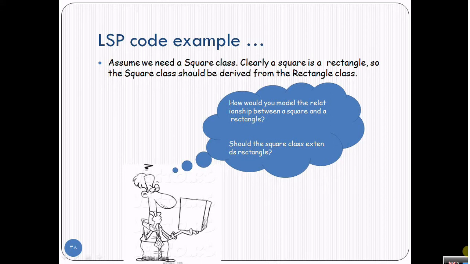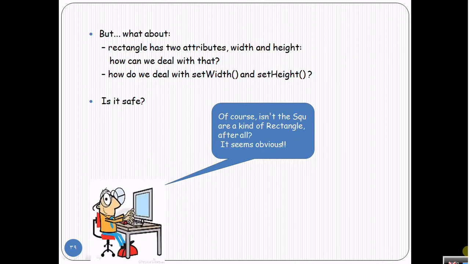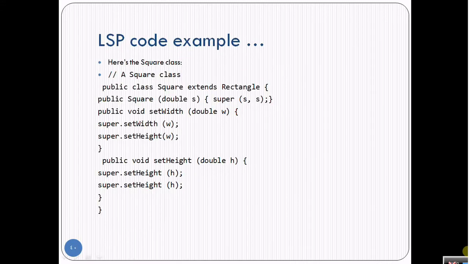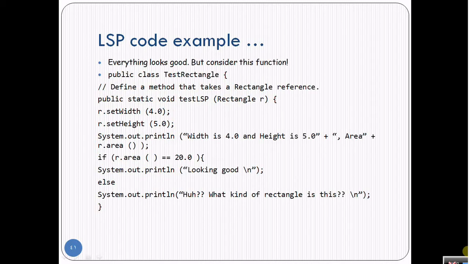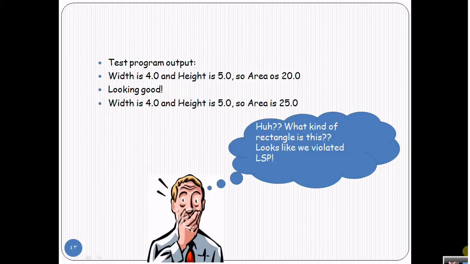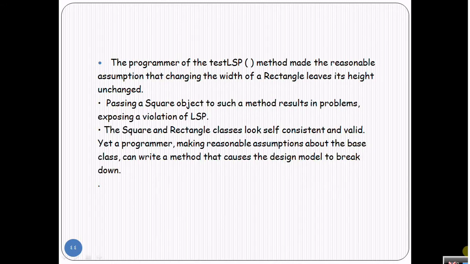Let's take a code example. Assume we need a square class. Clearly, a square is a rectangle, so the square class should be derived from the rectangle class. The programmer of the test LSP method made the reasonable assumption that changing the width of a rectangle leaves its height unchanged.